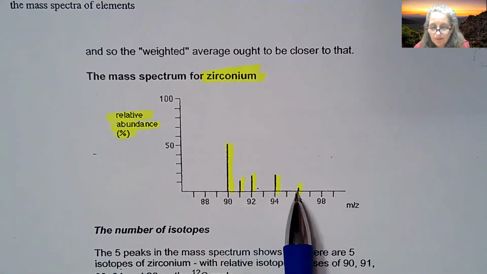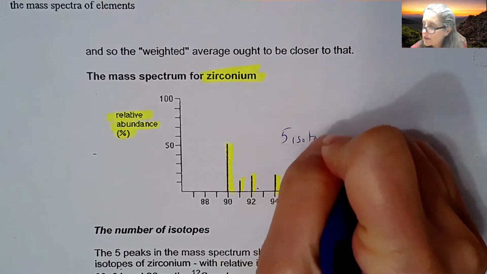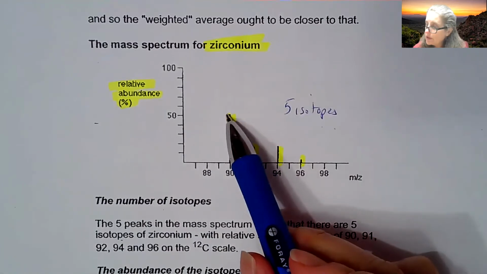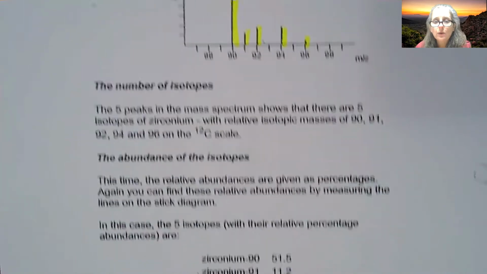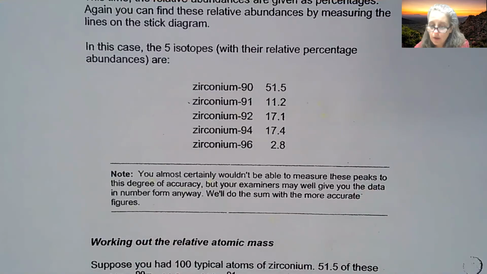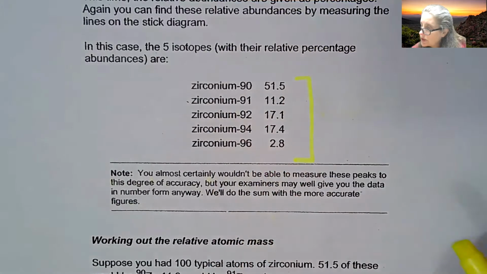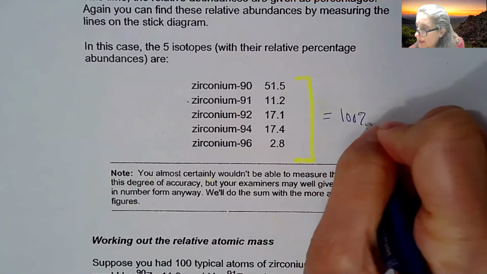Like this one around 96 is sometimes hard to see. But you have a total of 5 isotopes there because you have 5 different sticks. And if you had this program up, you could actually measure each one of these. Turns out zirconium 90, 91, 92, 94, and 96 have the relative abundances as listed there. But do note that they all total 100%.